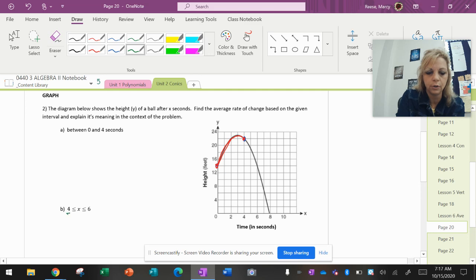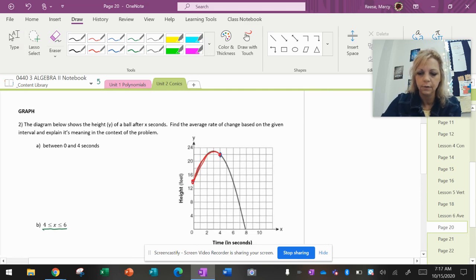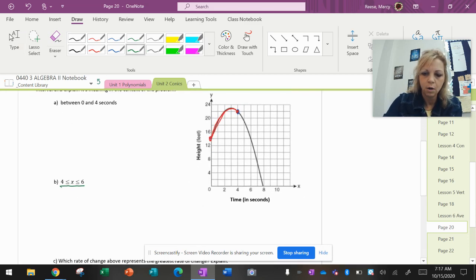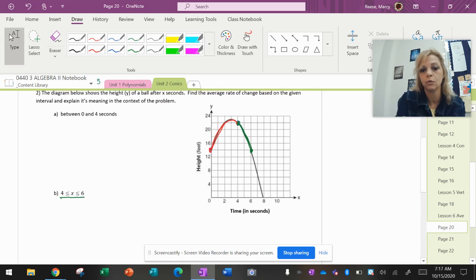In a minute, you're going to look at 4 to 6 seconds. From 4 in green to 6, it's going down, so your average rate of change for that one should be negative. Positive versus negative determines whether it's going up or going down. So we should get a positive result here.